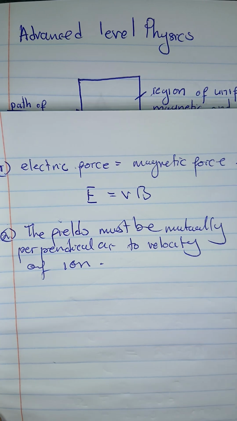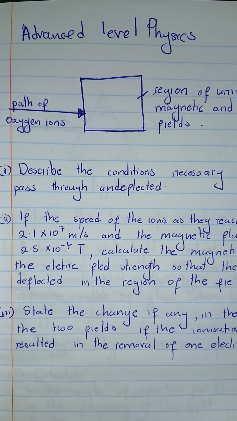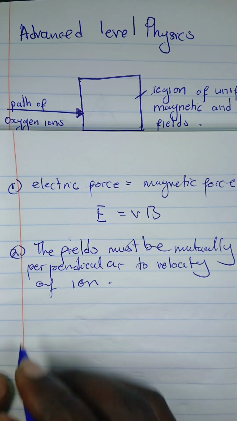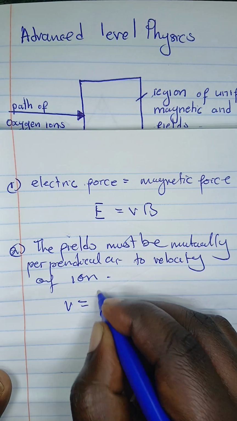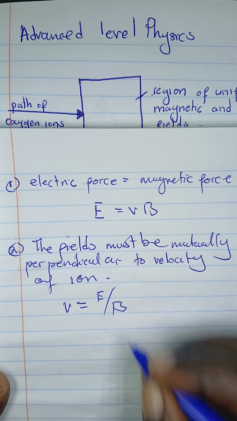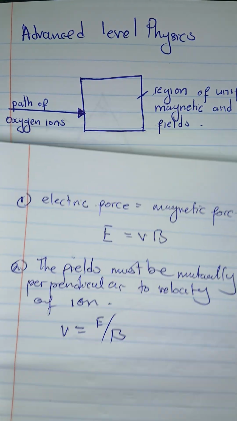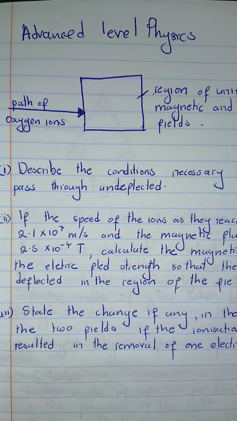Right. So this arrangement shown is a velocity selector. Remember, a velocity selector. So let's move on.